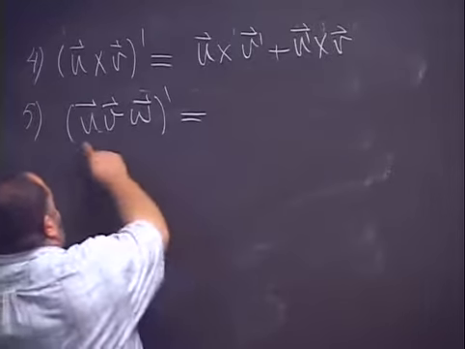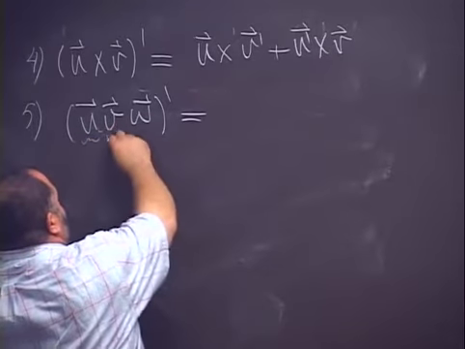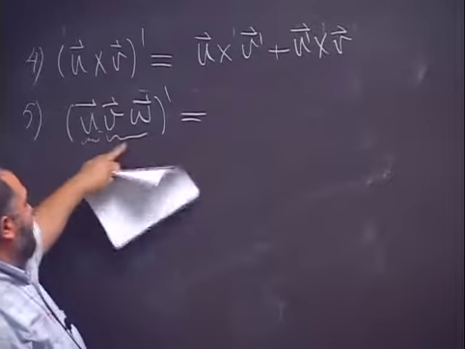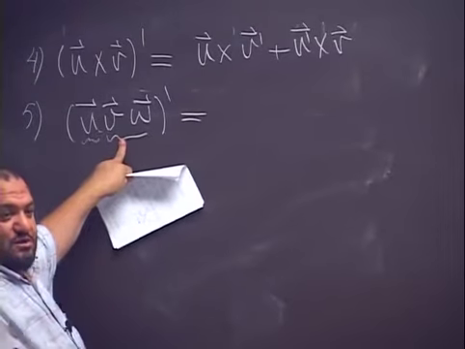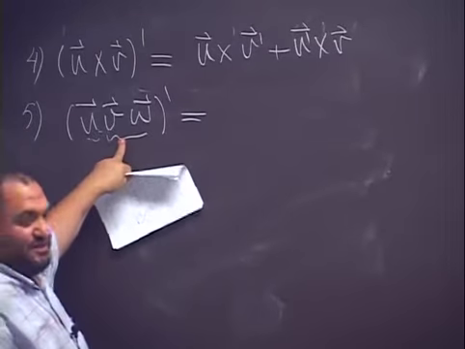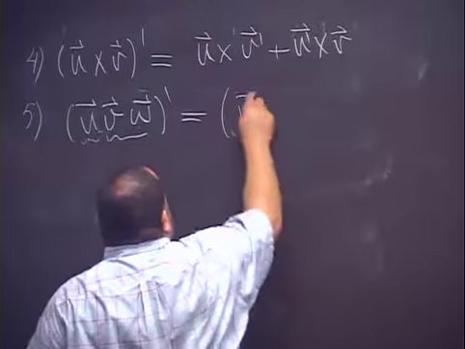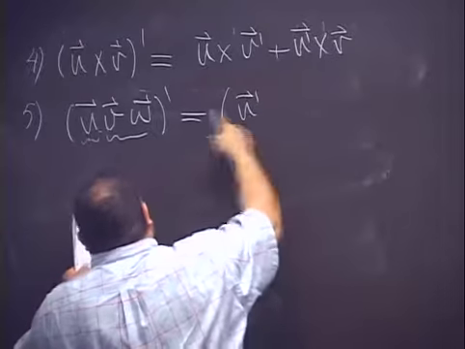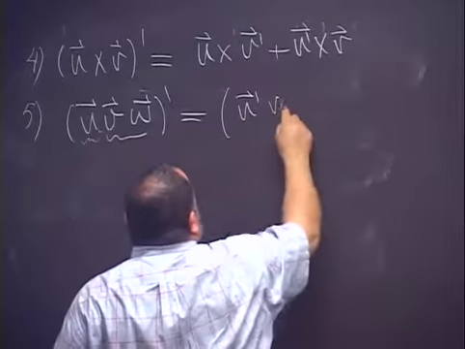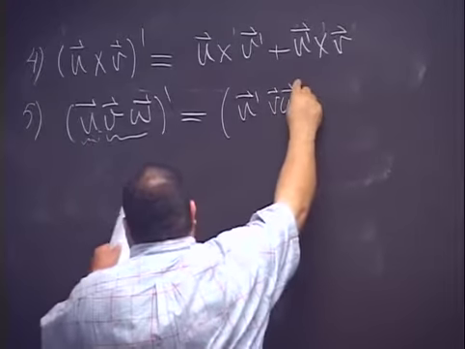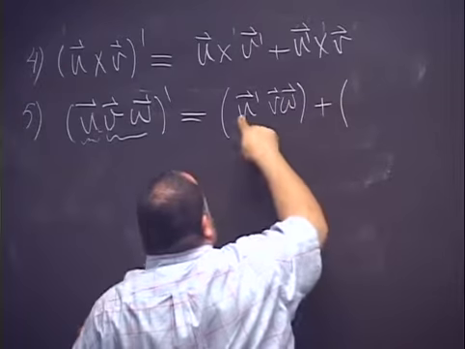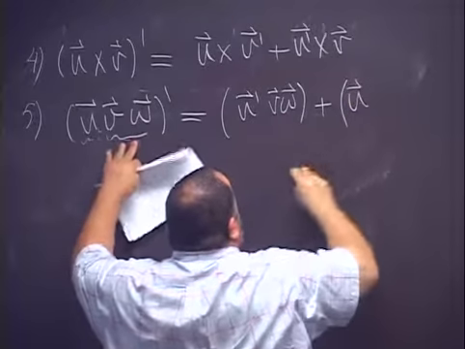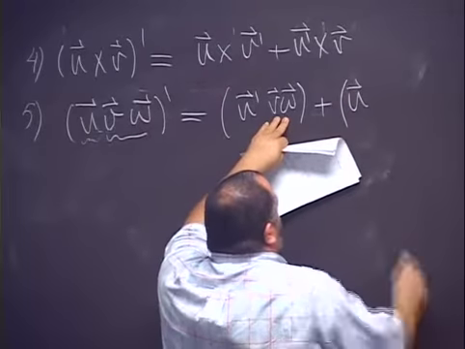So what you will do is you will say the first multiplied by the differentiation of the second plus the second multiplied by the differentiation of the first. But the second is composed of two vectors, so I have to apply the same rule again. So this will give me the following. The first, u prime, the derivative of the first one, multiplied by the second one, v omega, plus, now you keep the first one, which is u, and then you multiply it by the differentiation of v omega.